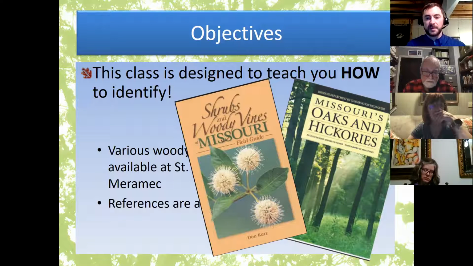Nonetheless, through our website, you can send away for these and have them mailed to your doorstep. I think we even have some available electronically. But the Missouri Oaks and Hickories especially has color photos of the twigs and of the leaves, and it'll help with some of the different nuts, acorn or hickory nut, and can help you identify that way.